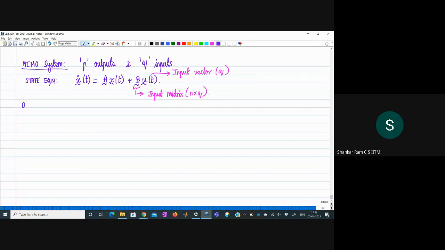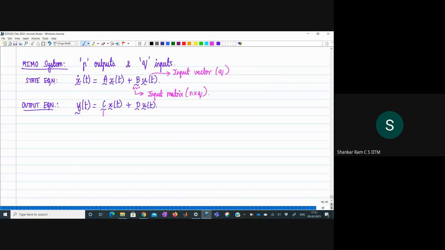If you look at the output equation, in general, if there are p outputs, the output will also now be a vector. So y of t will be a matrix C multiplying the state vector, and a matrix D multiplying the input vector u. So this is how the output equation will look.